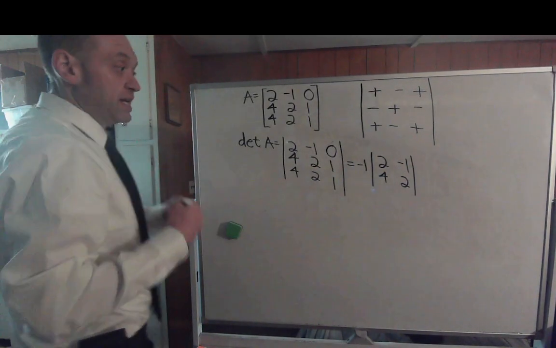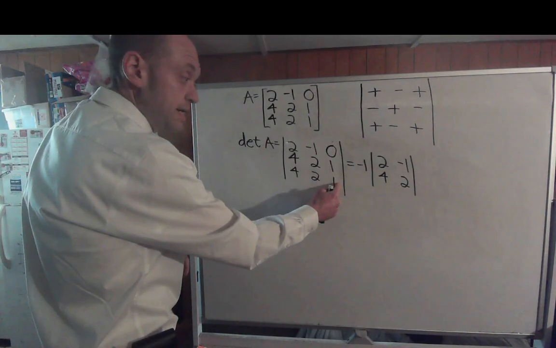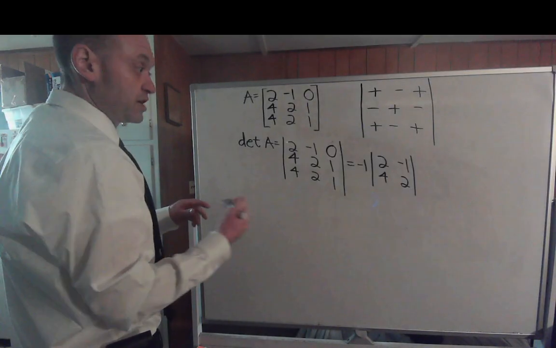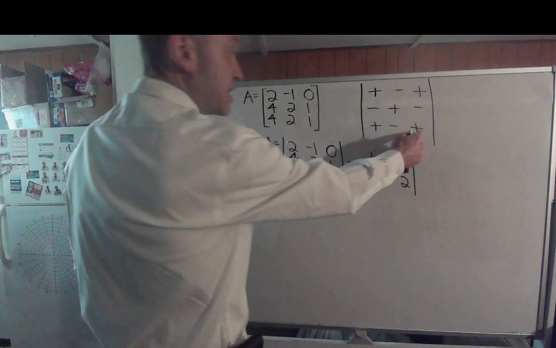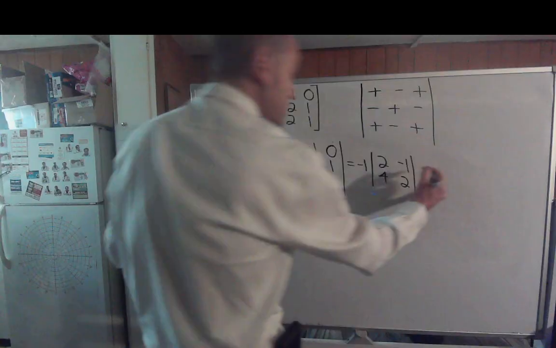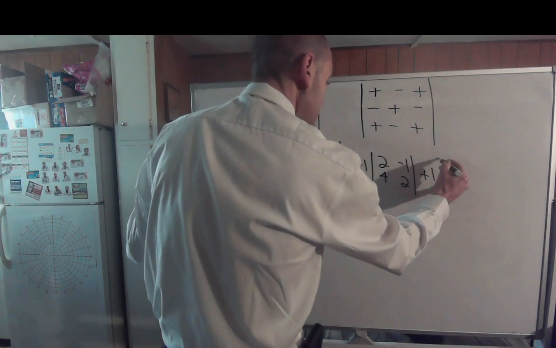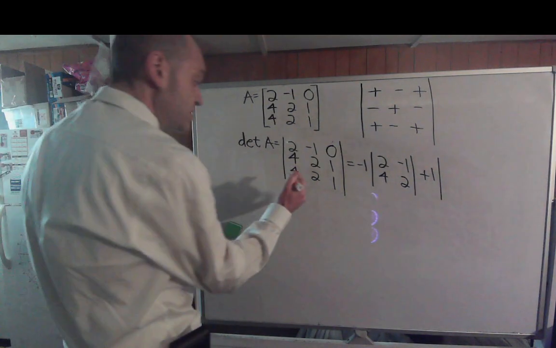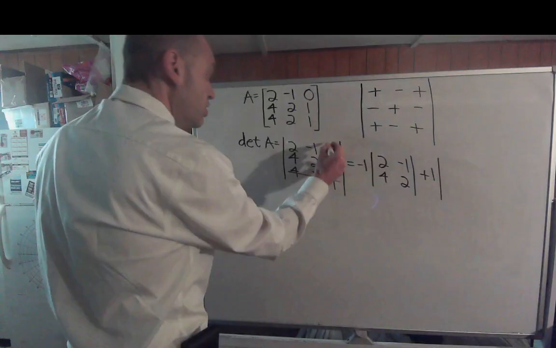The last thing we need to do is the last one in the third column. According to my coefficient matrix, I should put a positive on that coefficient of 1, so that would be +1 times the resulting 2 by 2 determinant of what's left when I strike out the row and the column.